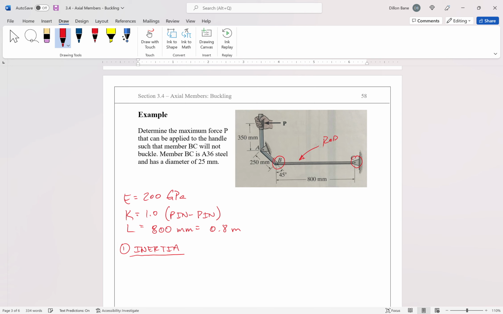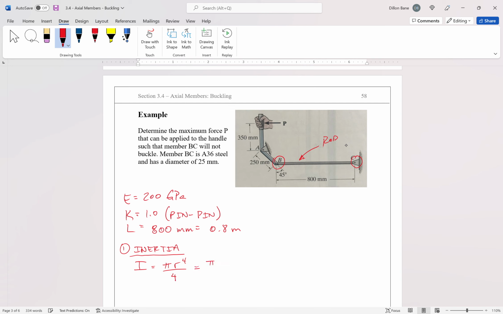For this particular member BC, the member has a diameter of 25 millimeters. If you recall, the moment of inertia of a circle, we don't do bh cubed over 12 for a circle. It is pi times r to the 4th over 4.